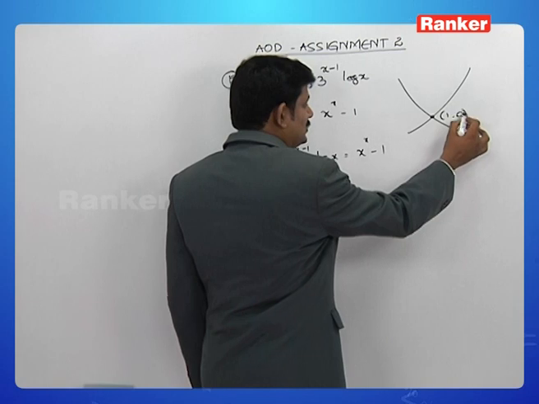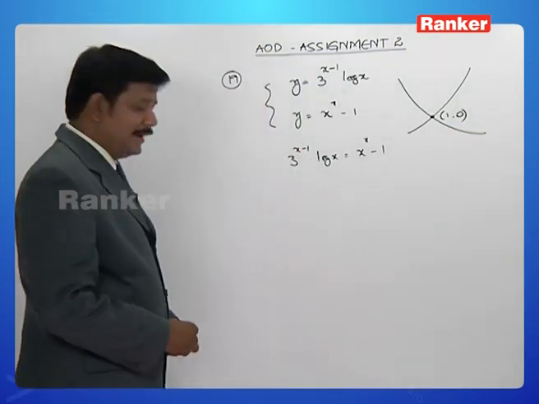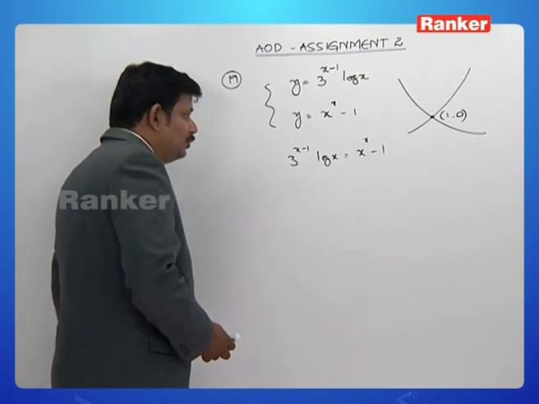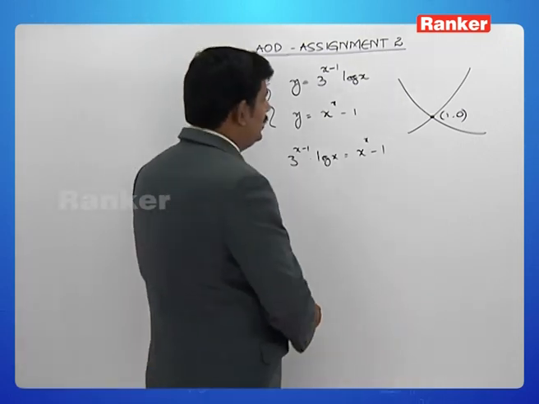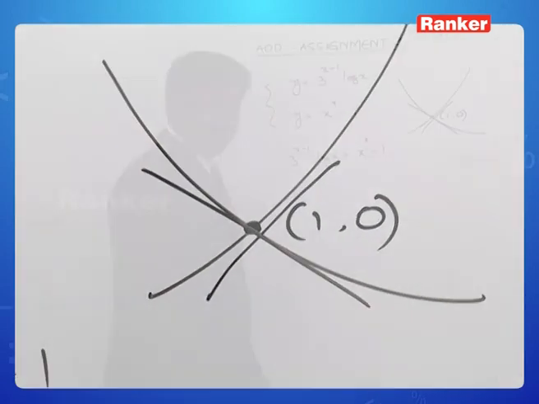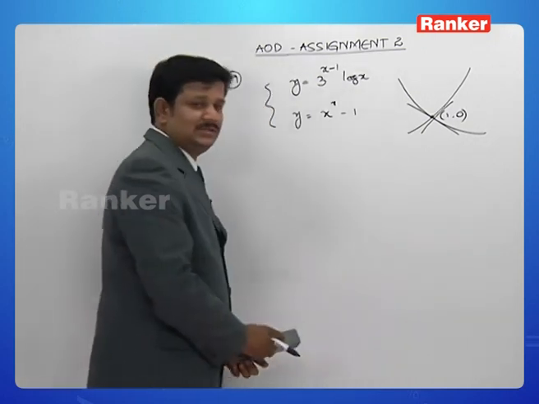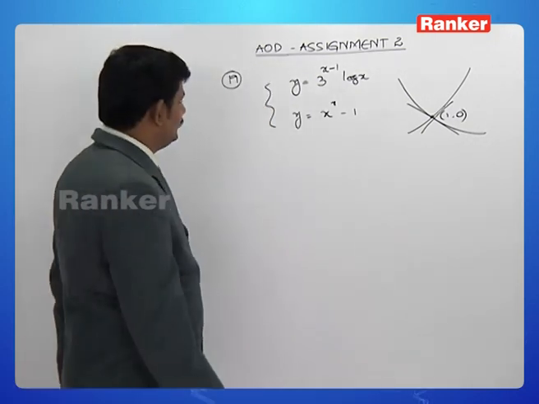So the point of intersection is 1 comma 0, and at the point of intersection, to find the angle of intersection, we need the slope of the tangent for one curve, the slope of the tangent to the other curve, and from there we can find the angle between the tangents, which will give you the angle of intersection of the curves.